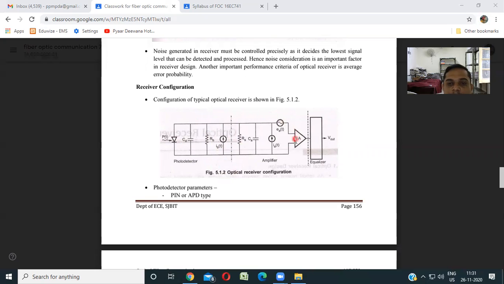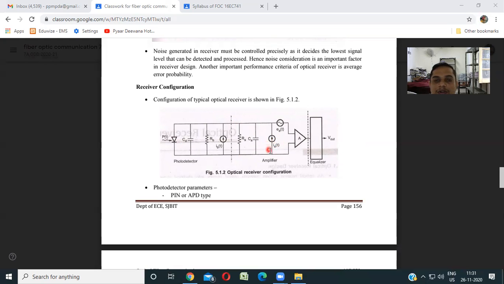Here we have the linear channel, the amplifier. Again we have RA and CA, connected in parallel. RA is the amplifier resistor and CA is the amplifier capacitor. Because of this, again a thermal current flows, which is thermal noise.